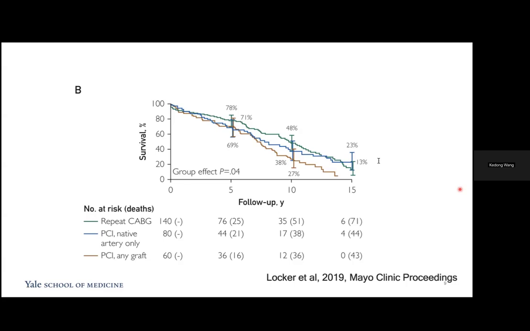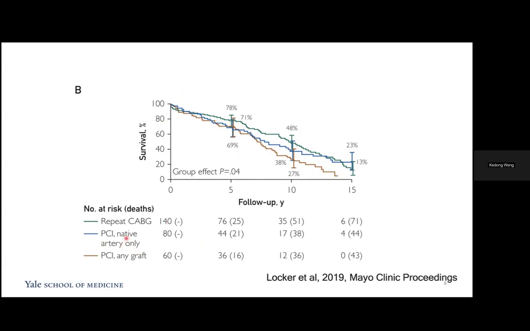So what this graph shows is that those who undergo PCI have a lower chance of survival than redo CABG. There is an early mortality rate with CABG, but after 1 year, repeat CABG generally becomes superior to PCI.